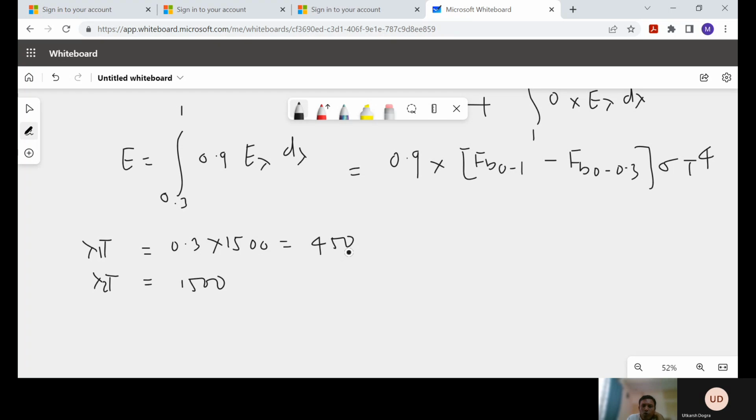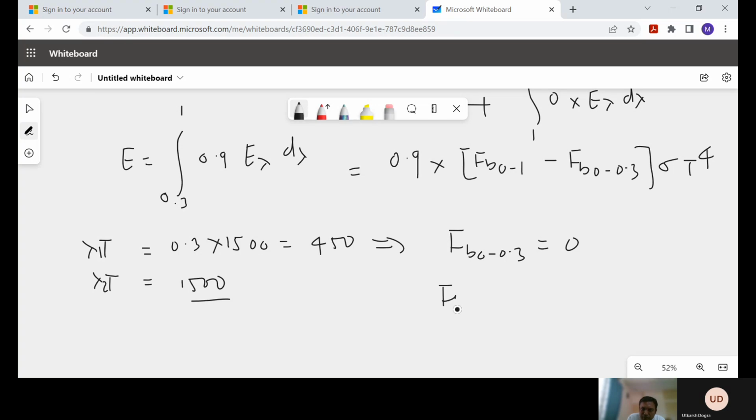Now you can see the table. For 450, the value is very low. So for this particular value, the F factor comes out to be almost 0. But how about the other one? You will not get the F factor exactly at 1500, but you will get the value in between.